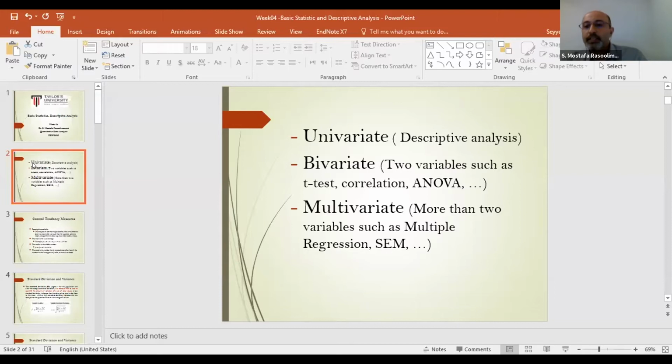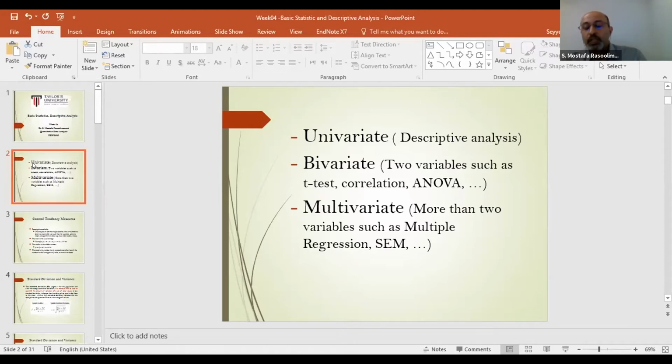And multivariate is for techniques that we apply to more than two variables. So in the analysis, more than two variables are involved. There are many different analysis techniques under multivariate, and especially in social science, multivariate is very common.